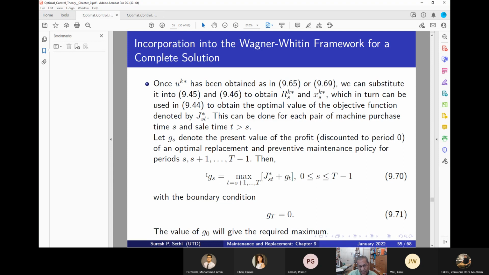So the dynamic programming says GS should be the max of this over T. Because regardless of what the solution is, if I begin with S, there will be some T at which the machine would be sold. And that T could be anywhere from S plus 1, because I don't want to sell the S machine right away. I have to keep it at least for one period. That means I'll sell it at S plus 1, or I sell it at S plus 2, or I sell at T. And then the boundary condition is GT equal to 0.